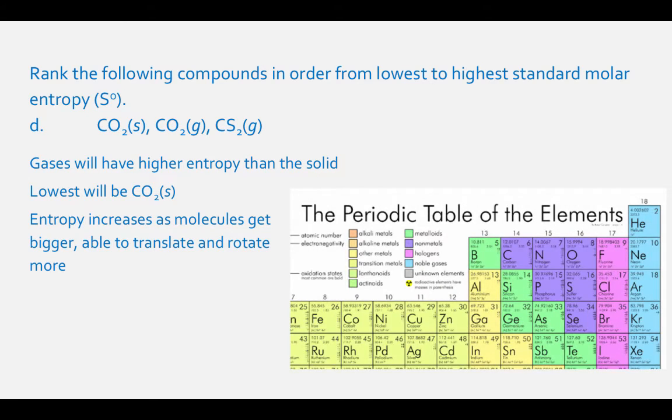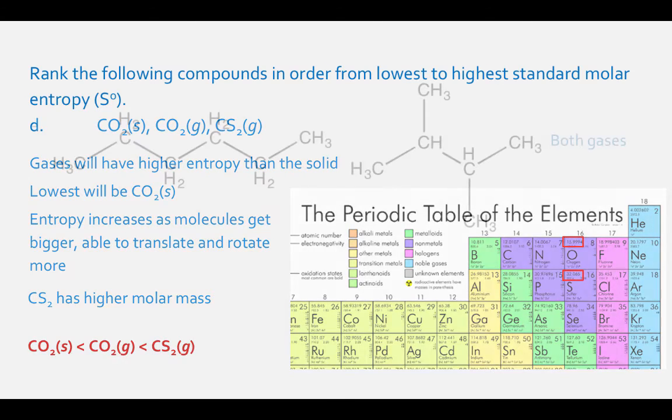On the periodic table, oxygen has an atomic mass of 15.99, and sulfur has an atomic mass of 32.07. So out of these two, CS2 gas has a higher molar mass and a higher standard molar entropy. Therefore, the order of these molecules is CO2 solid is less than CO2 gas is less than CS2 gas.